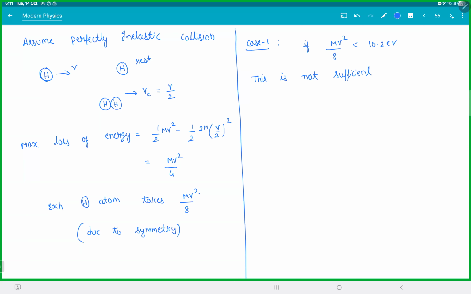If you cannot lose any energy, what kind of collision is this? Therefore, there is no loss of energy, which means the collision is perfectly elastic.